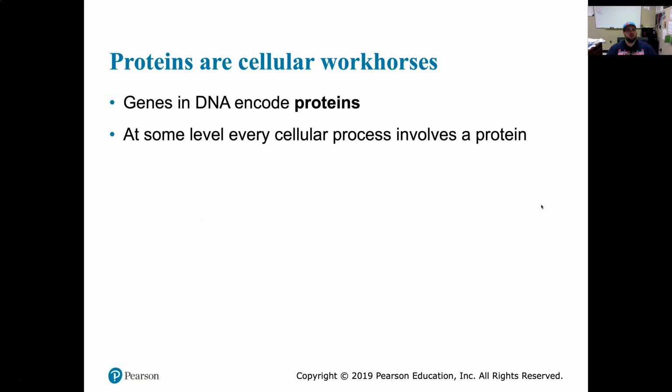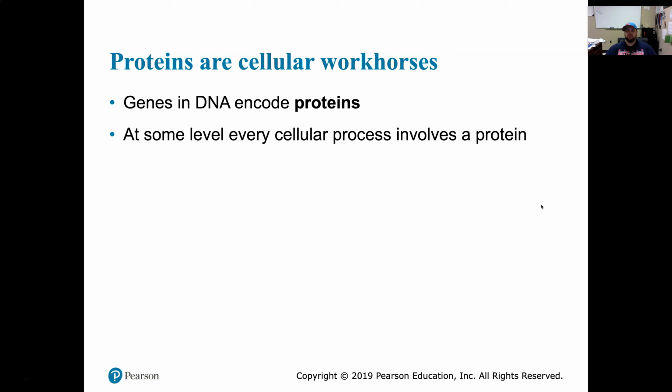All right. Proteins. Proteins are basically everything to us. They are the end product in the central dogma, and it carries out a function, whatever that function is. So at every level, a protein is involved in some fashion, whether that is building a cell membrane or moving molecules in and out of a cell, or activating other molecules.